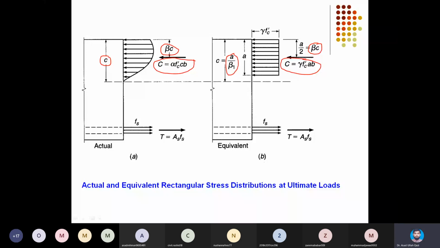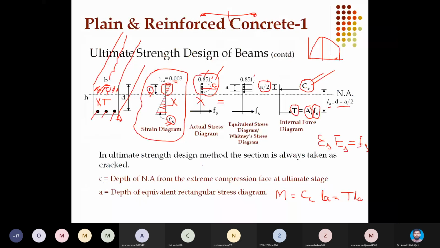So if I can prove that both pictures are equal, not only in terms of the magnitude of C, but also in terms of point of application, then everyone will accept this simplified approach. So Whitney was the researcher who actually proposed this uniform stress block depth.